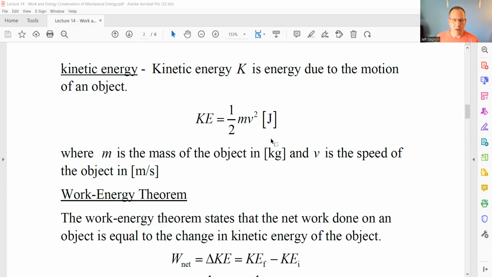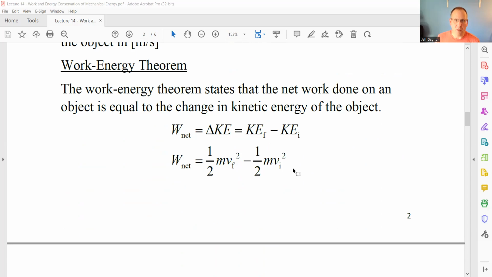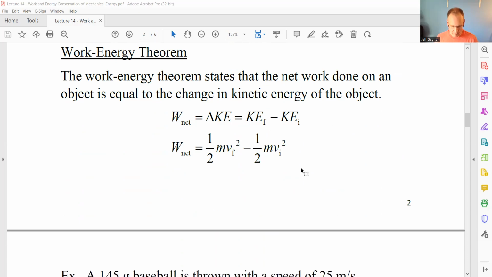Work energy theorem. The work energy theorem states that the net work done on an object, which we just learned how to calculate, is always equal to the change in kinetic energy of the object. Delta here means change in KE. You can always write a change as a final value minus an initial value.